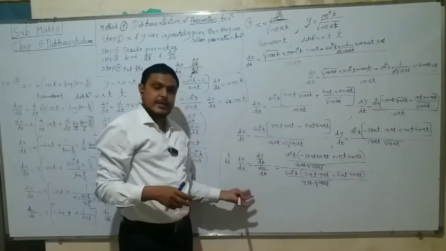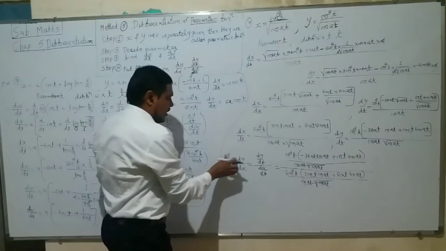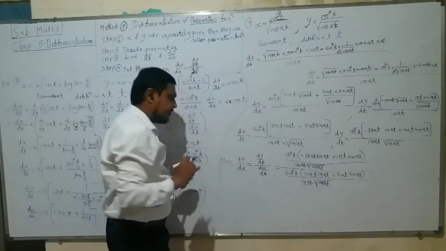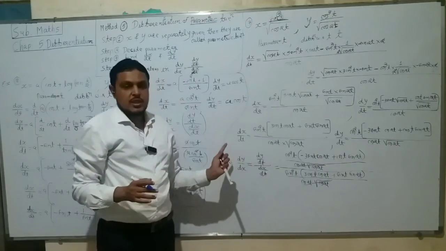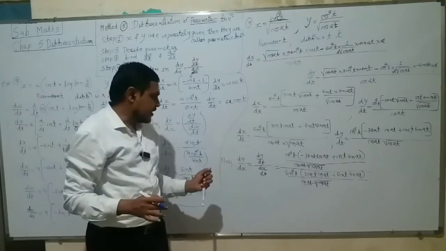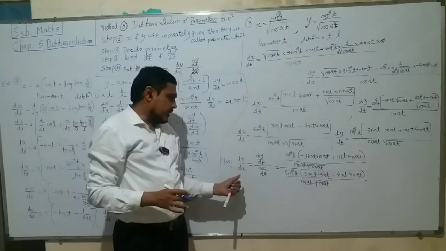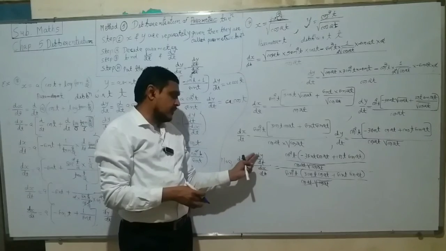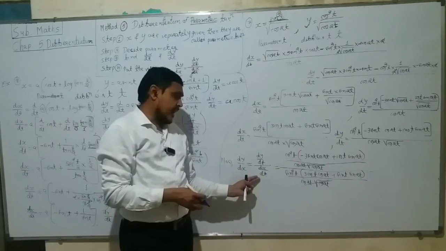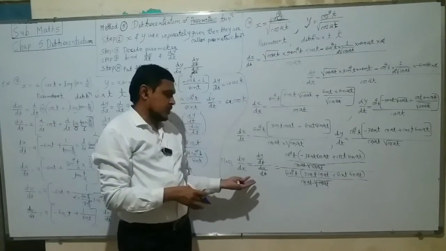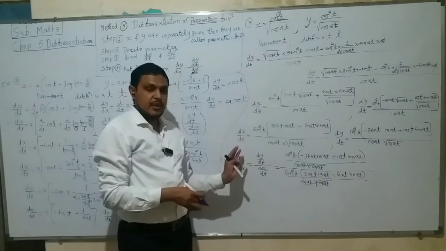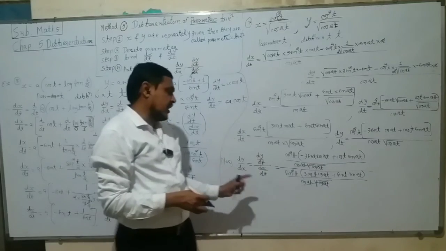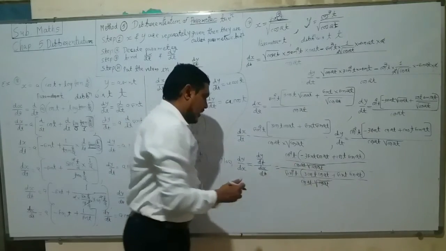Now we have to write down the formula for getting the differentiation of a parametric function. This is called the rule for differentiation of parametric functions. Now write the rule, dy by dx is equal to dy by dt upon dx by dt, and by putting the values in this formula, we get the answer.